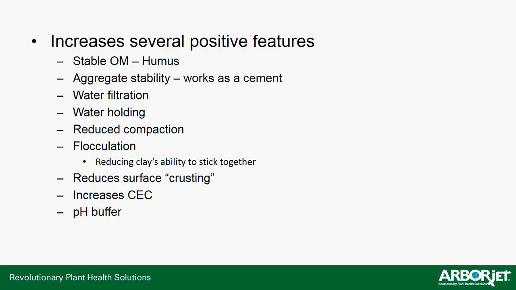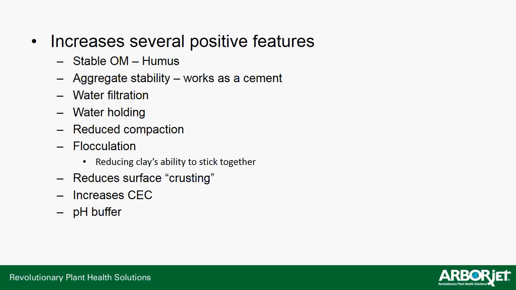So organic matter, the positive features of organic matter, it increases several benefits of your soil. Humus, which is your stable organic matter, is going to provide your microorganisms plenty of food to eat and move around so they can keep flocculating your soil and releasing plant available nutrients.